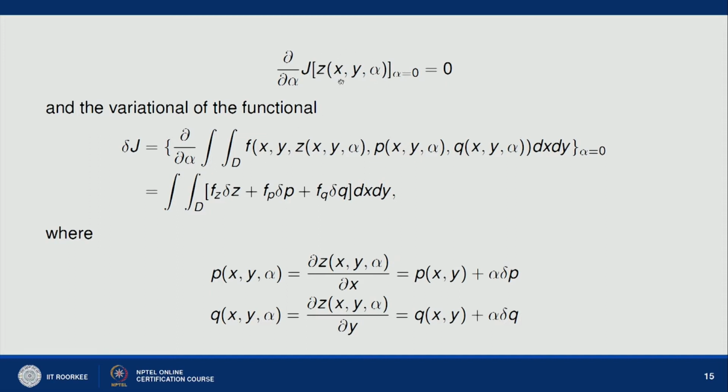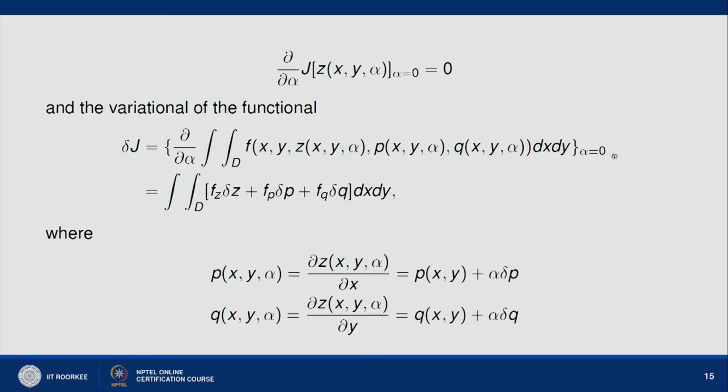So here you can write J of this as the integral of f(x,y). In place of z(x,y), now I am writing z(x,y,α), and here z_x can be written, notationally, as p(x,y,α), and z_y is written as q(x,y,α), and we want to find the derivative of this with respect to alpha at alpha equal to 0.